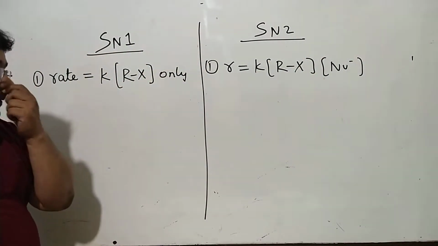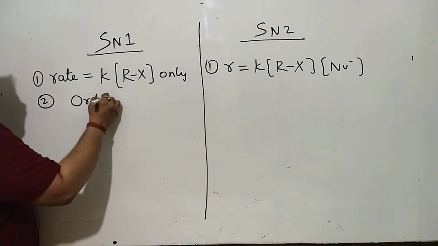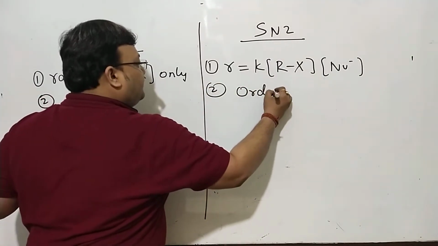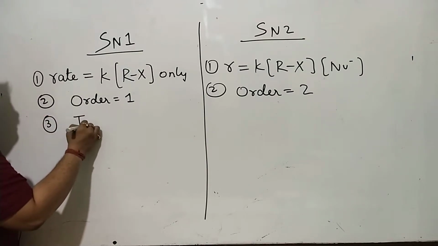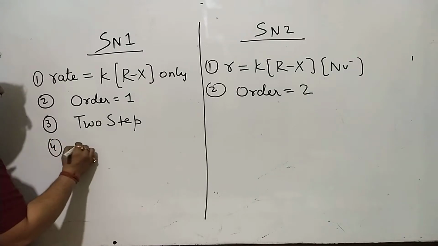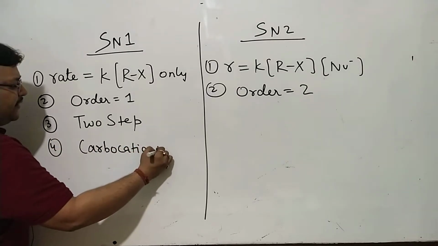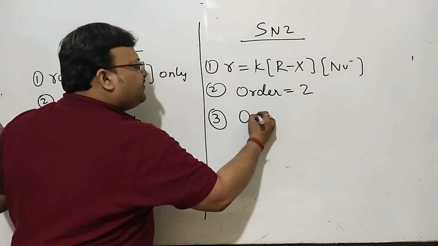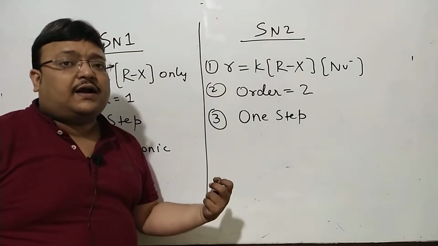That's a bimolecular reaction. So here the order or molecularity is 1, and here naturally the order or molecularity is 2. SN1 is supposed to be a two-step process where you have a carbocationic intermediate, whereas SN2 is supposed to be a one-step process where there is no carbocationic intermediate.